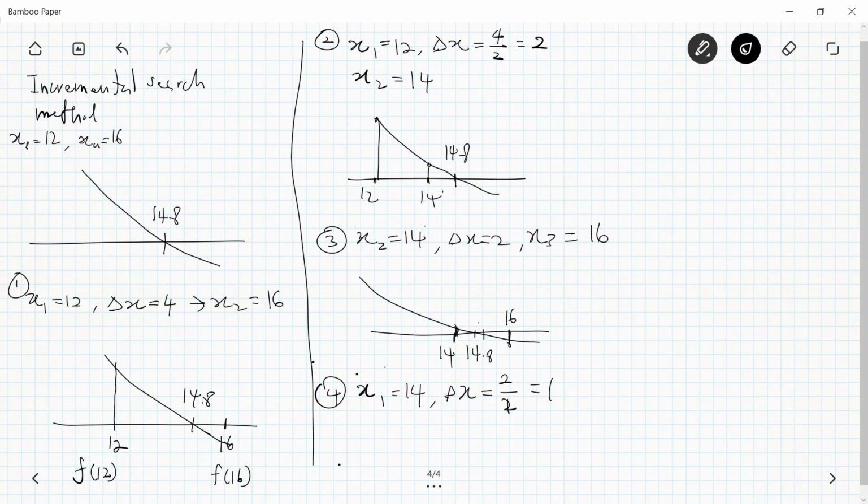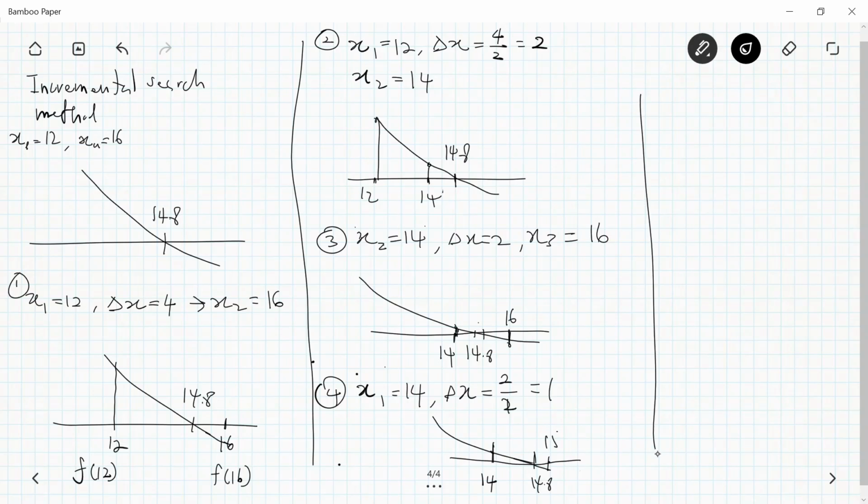So now, if this is 14.8, then let's say this is 15, then our x1 is 14, this is 15, then there's a root here, right? This is 15, there's a root because this is positive, this is negative. We go back by half.